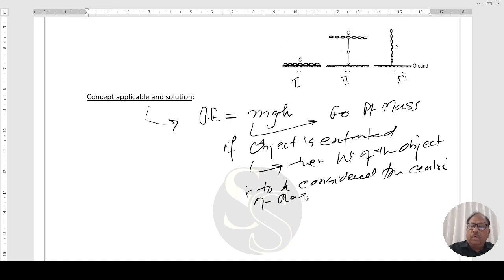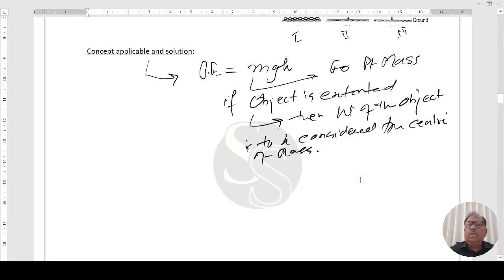Center of mass is where the whole of the mass is supposed to be concentrated, right?